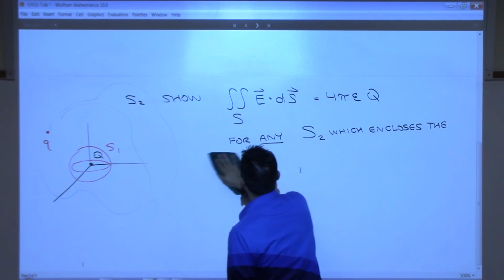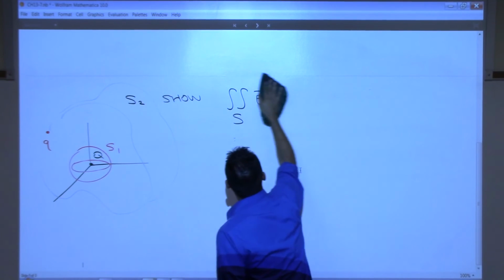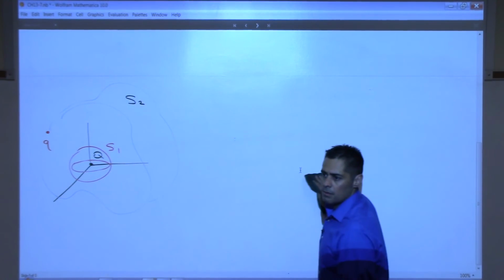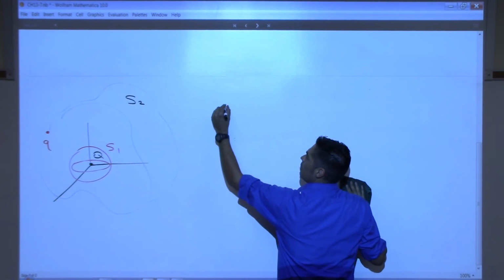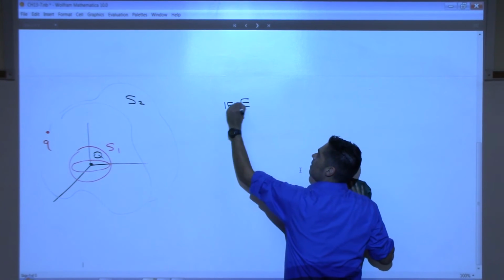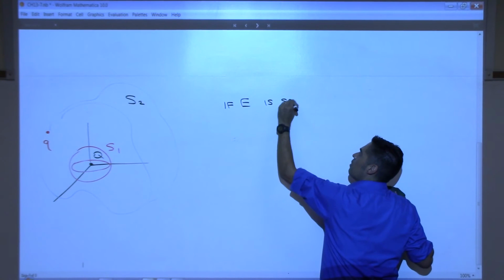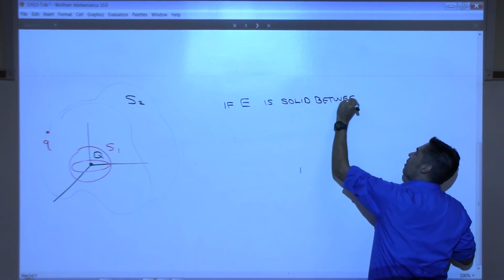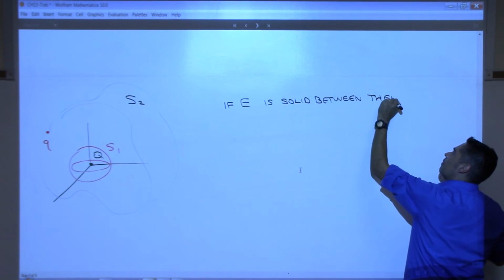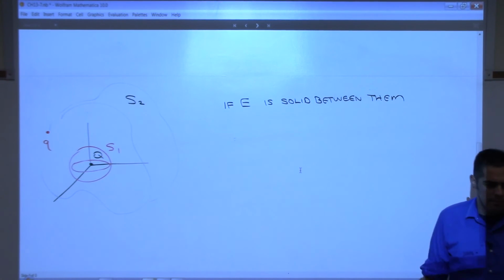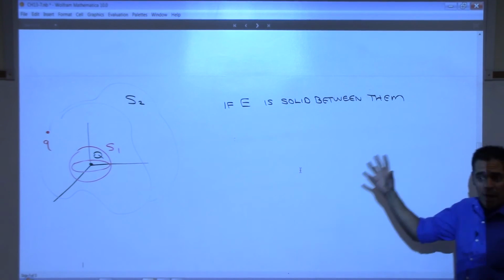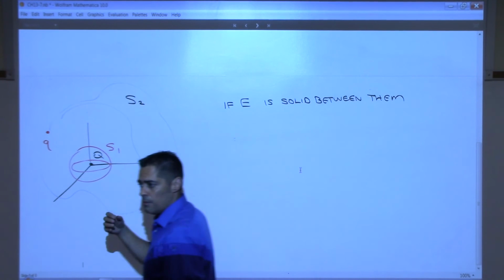What can you tell me in terms of what we did before? If E is the solid between them, be very careful there, solid between them, which is the bread part, right? Then what can we say?